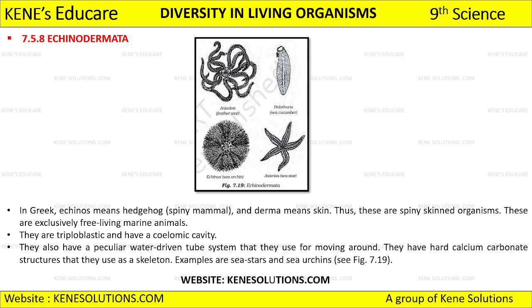Then they also have a peculiar water driven tube system that they use for moving around, and they have a calcium carbonate structure which they use as a skeleton. Examples are sea stars and sea urchins. You should know at least two examples of each.